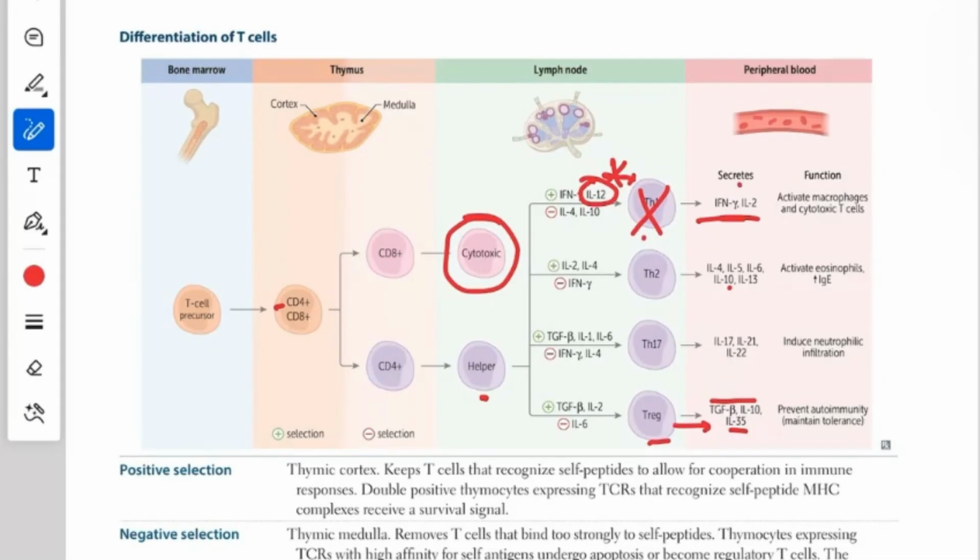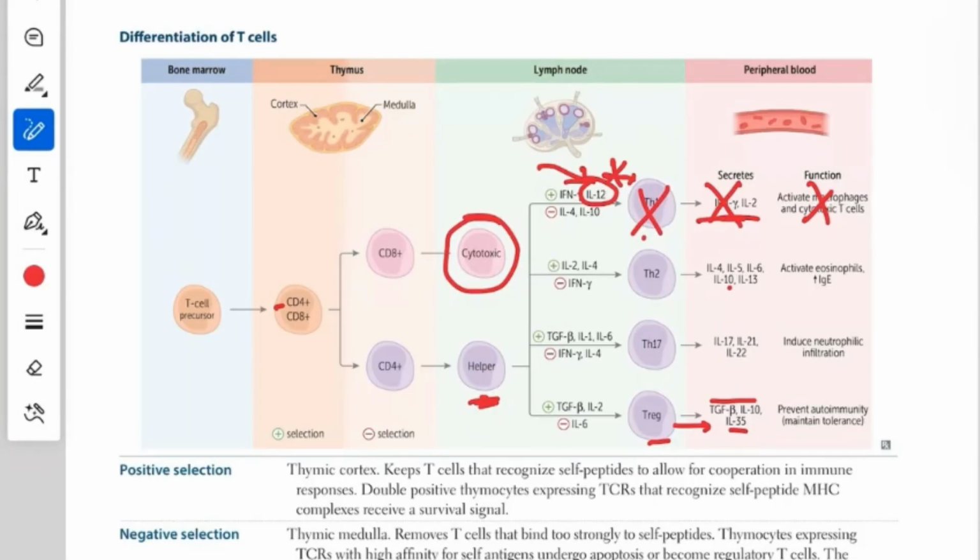Then interferon gamma is never produced, and therefore the Th1 cell can never activate the macrophages or the cytotoxic T cell. So it will always be stuck as a naive T cell because it cannot bind to the interleukin 12 coming from the macrophage that is presenting antigens to it.